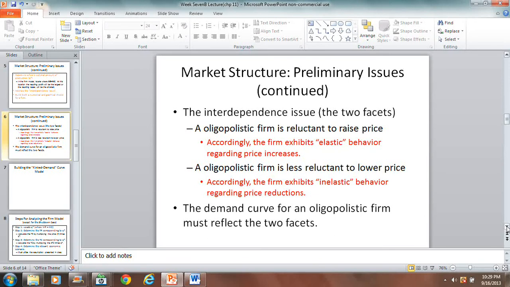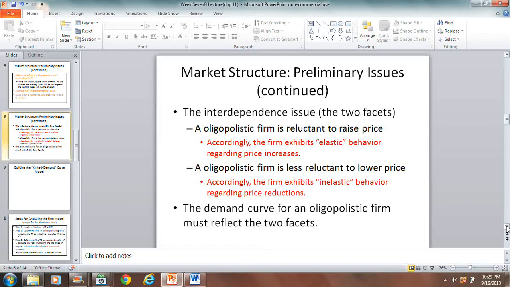All right, so prior to model building, we have to be comfortable with the interdependence issue. This fact that oligopolistic firms are interdependent when it comes to pricing behavior.